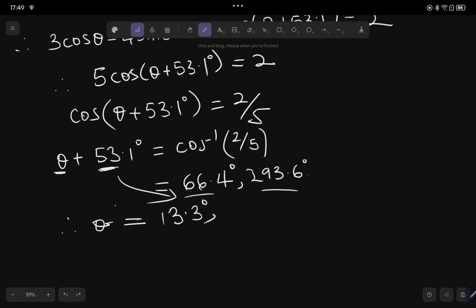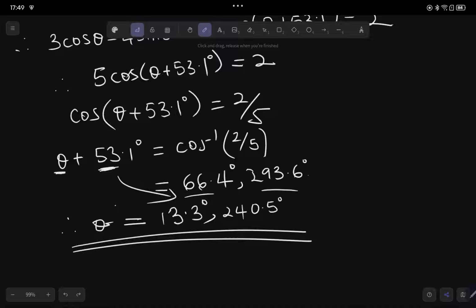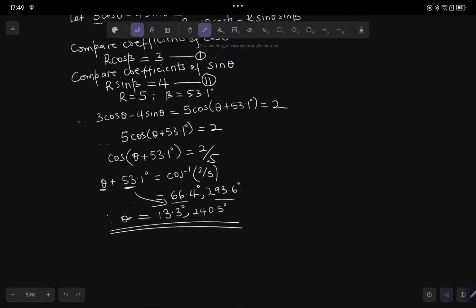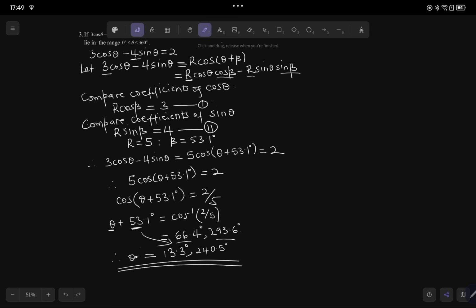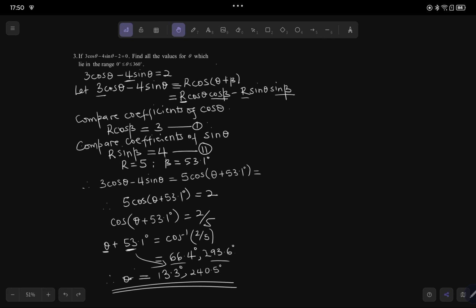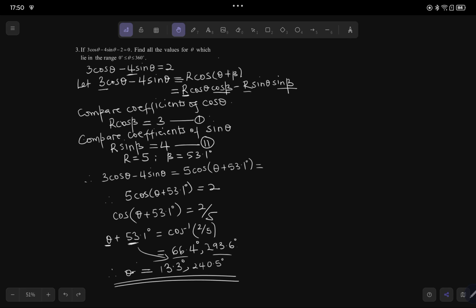Then 293.6 take away 53.1, we get 240.5 degrees. So those are the two angles between the range of 0 degrees and 360 that satisfy the equation that we began with in the first place.